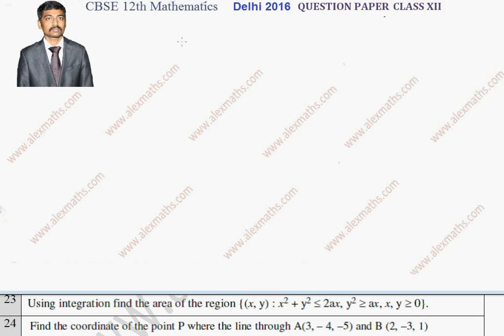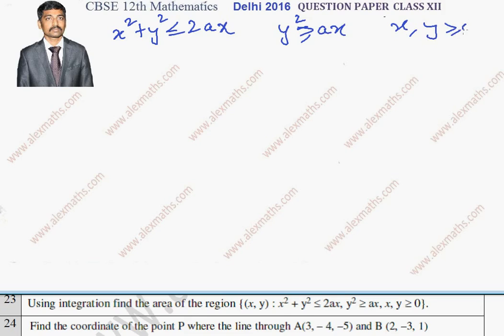The two curves given are x square plus y square less than or equal to 2ax, and y square greater than or equal to ax, with x, y greater than or equal to 0. This 2ax we will take to the other side.